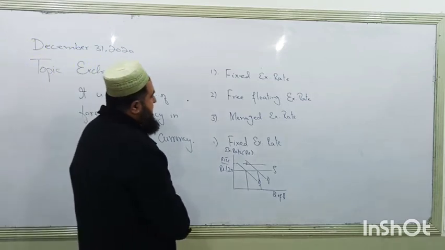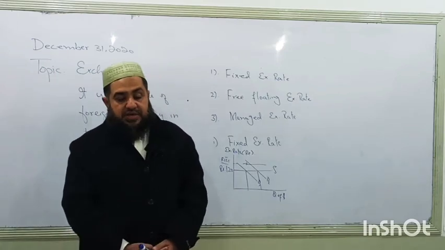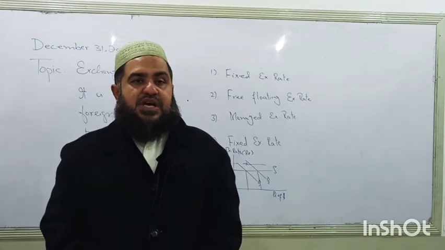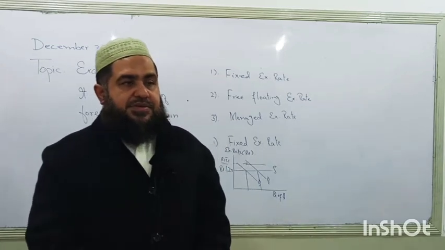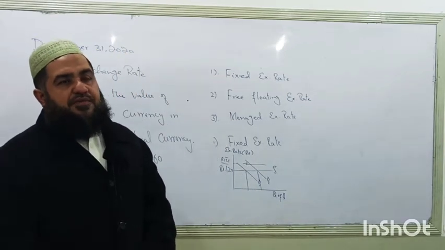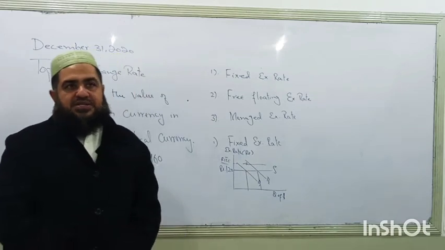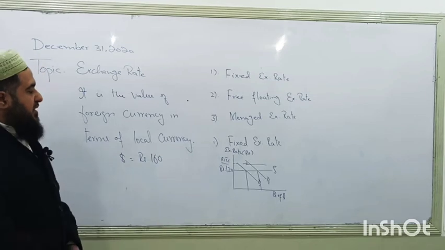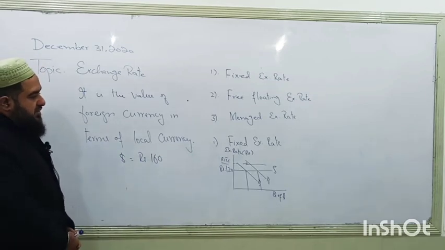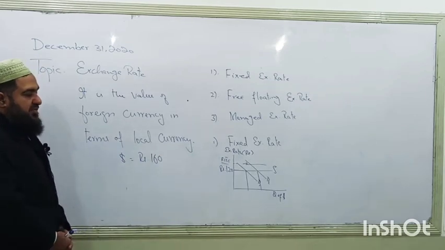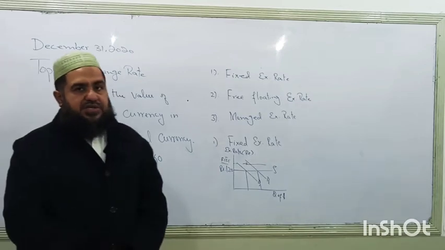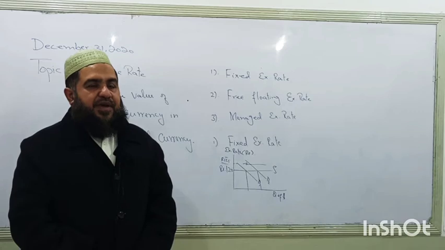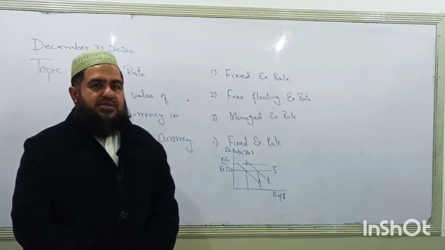Anyhow, the fixed exchange rate also has one restriction for the government: there should be massive reserves available with the government in order to keep the value fixed. If the foreign currency reserves are less available with the central bank or the government of a country, then this value cannot be kept fixed. It requires devaluation.